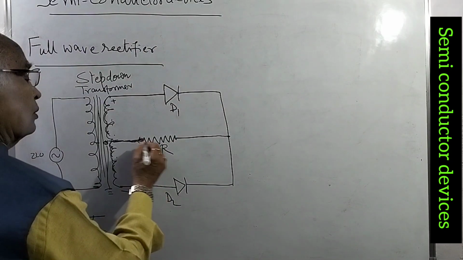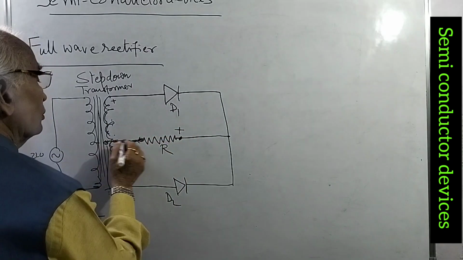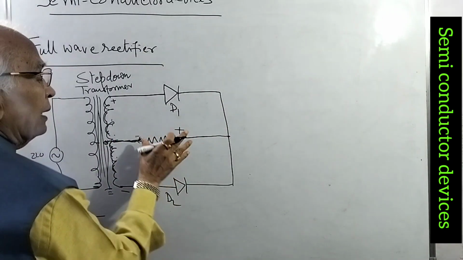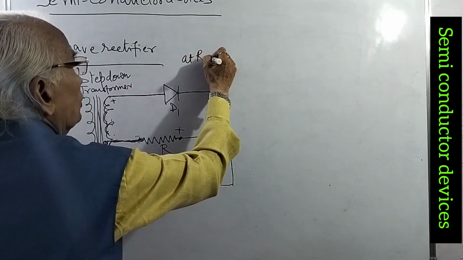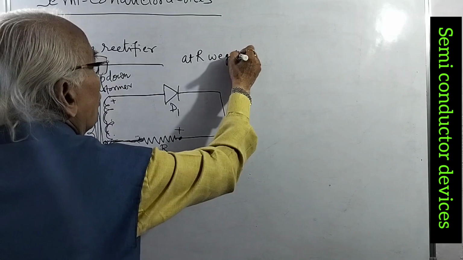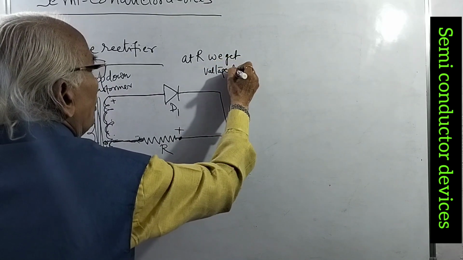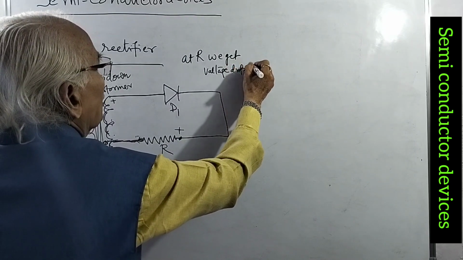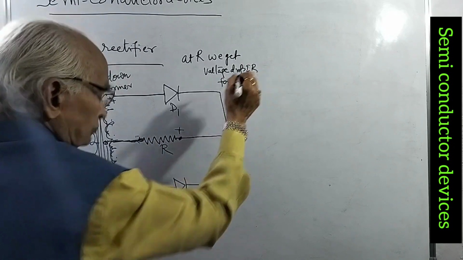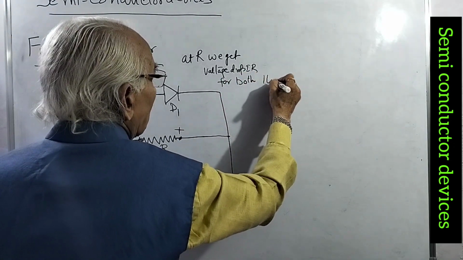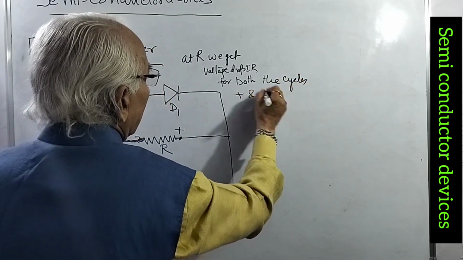So across these two points, we get a voltage plus, and this is the ground, 0. So we get a constant voltage here. At R, we get the voltage drop, that is IR, for both the cycles, positive and negative.